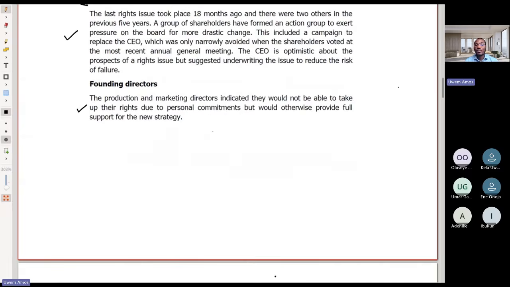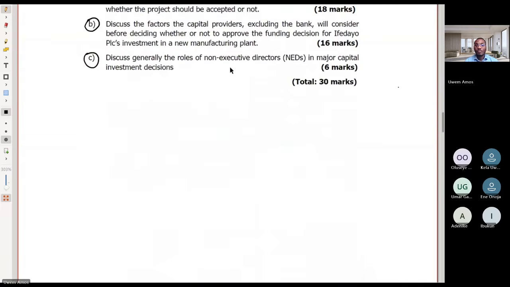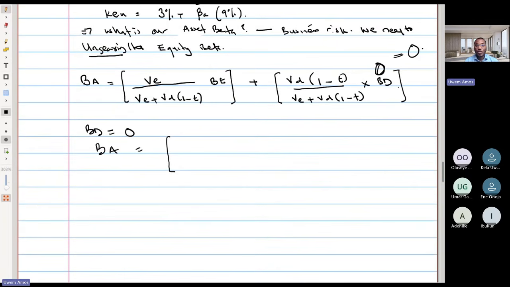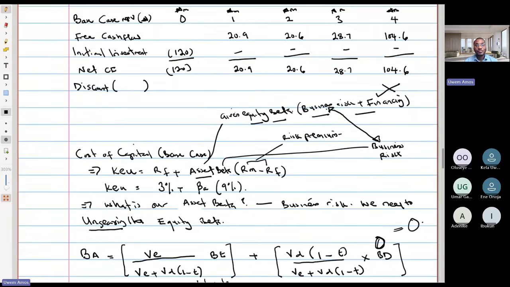So the value of equity is 5, divided by the value of equity, 5, plus the value of debt, 1, bracket 1 minus T. T is the tax rate. So what is our tax rate in our question?